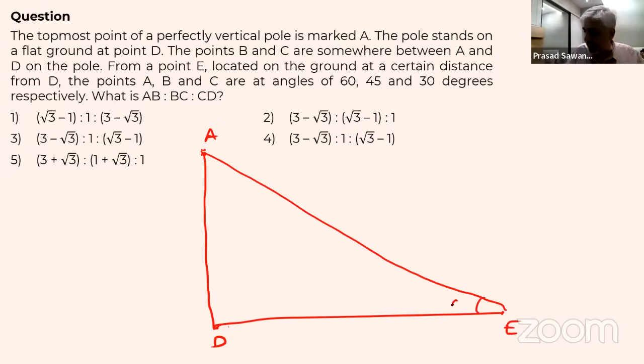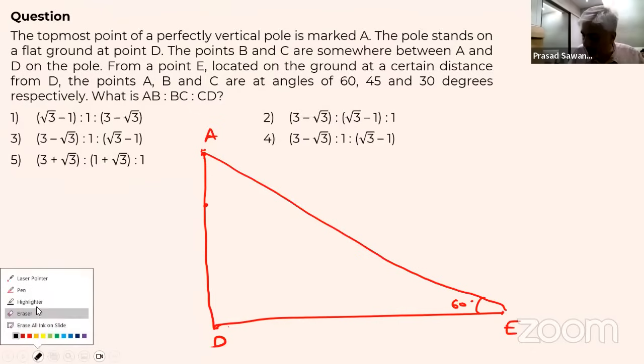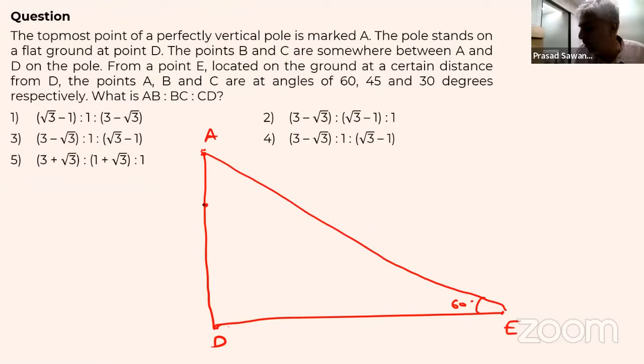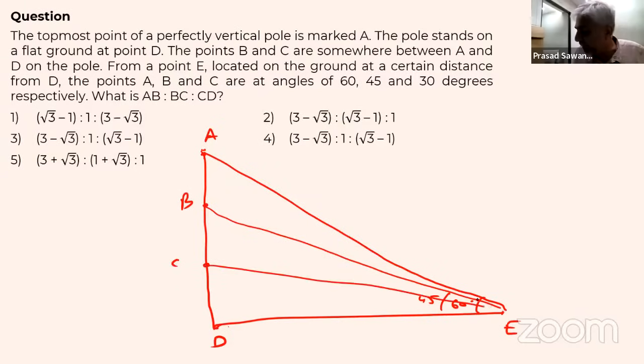So this angle is 60 degrees to A. To B, it is 45 degrees. So this is B. And to C, it is 30 degrees. Obviously, the smallest angle is 30 degrees. What is the relation between AB, BC, and CD?